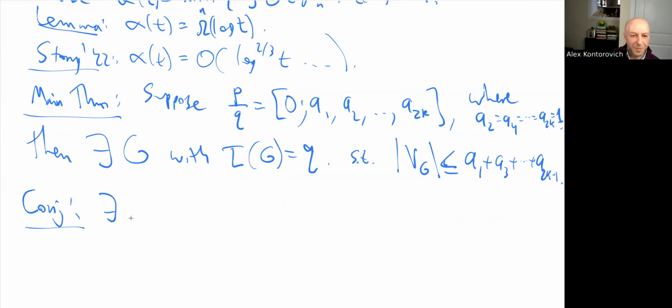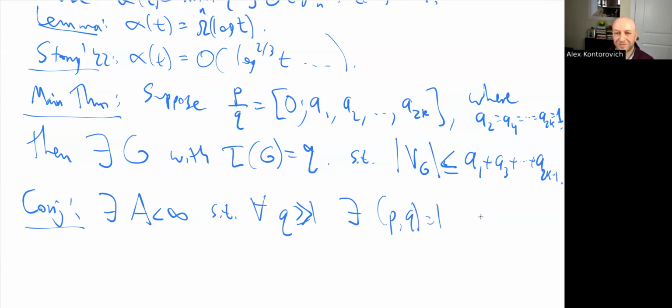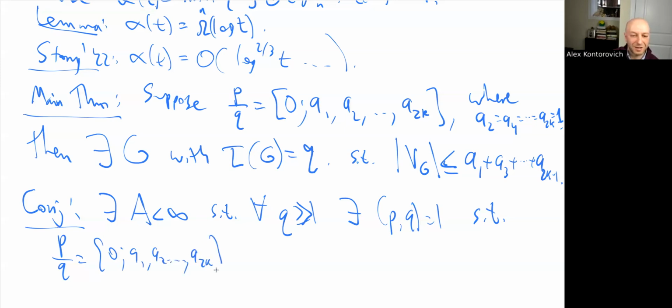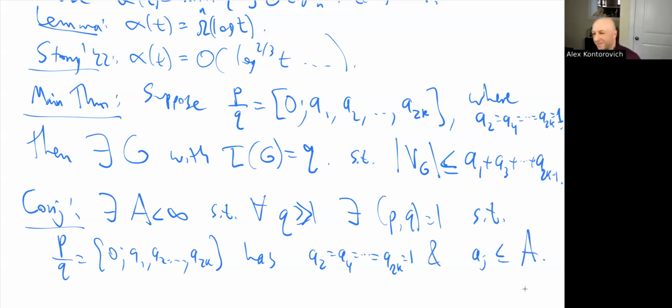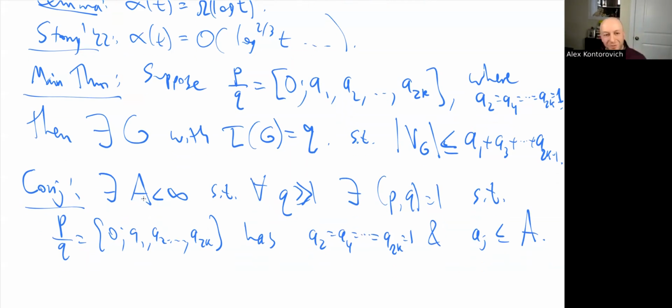So here's the conjecture. The conjecture is that there exists some absolute bound A so that for all q maybe sufficiently large, there exists p coprime to q so that the continued fraction expansion of p over q, again, some A1, A2, and so on, A2k, has the even values all equal to 1, and the odd values, which in particular means all values, are bounded by A. Suppose that there's some absolute bound, like 1,000 or something.